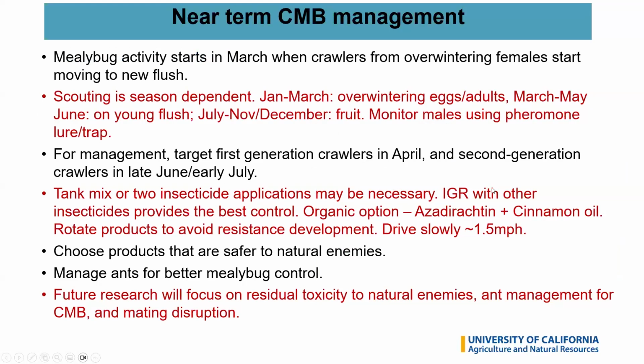Okay, on to my last slide. So mealybug best management practices, and this is for California citrus growers. Activity starts in March when crawlers from overwintering females start moving to new flush. That's when you can start monitoring.